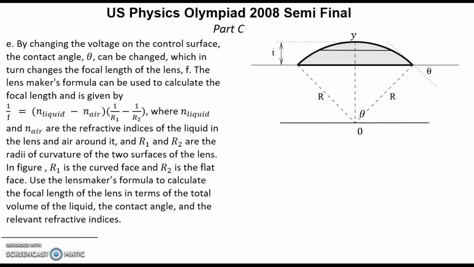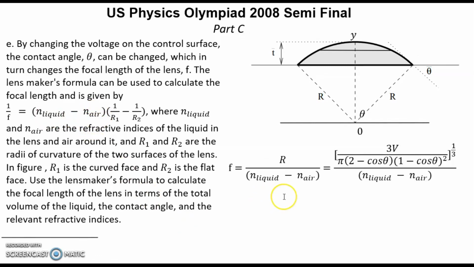Answer. This formula, the lens maker's formula, we can rewrite in this form, because r2 equals infinity and 1 over r2 equals 0. So this is the expression for focal distance for a lens. And now we can express our radius through volume.